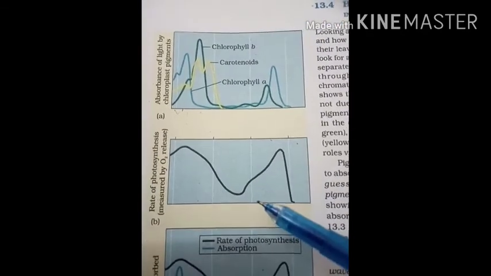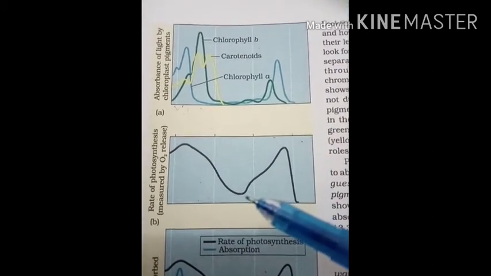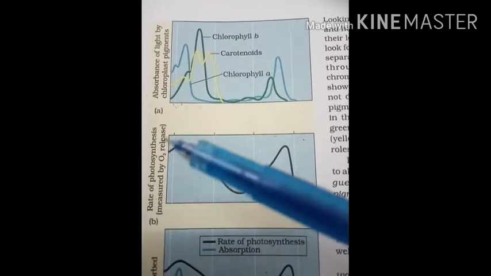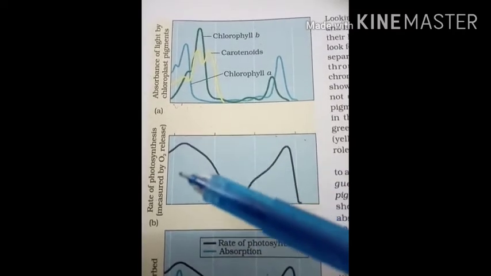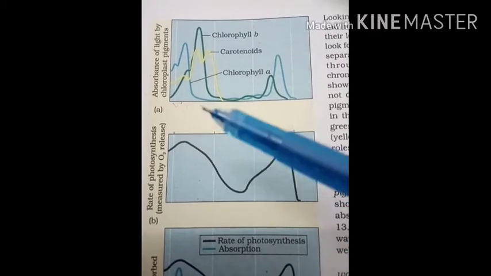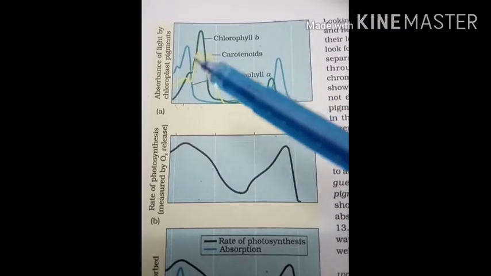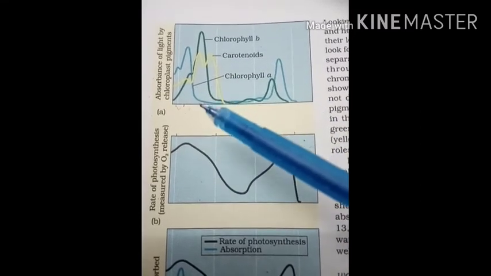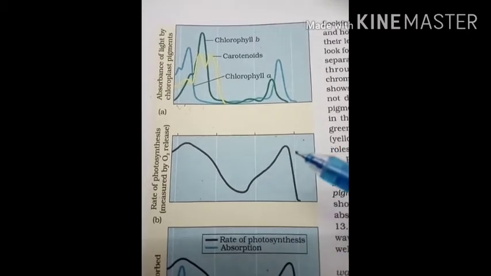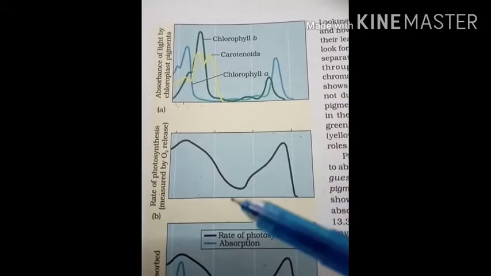In diagram B, the graph depicts the action spectrum, which means the rate of photosynthesis, measured by O2 release. Obviously, at the wavelengths where the maximum absorption is observed, the maximum action would also be observed. This graph is shown for the chlorophyll A pigment.